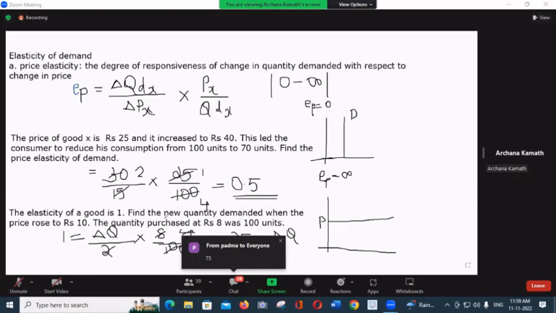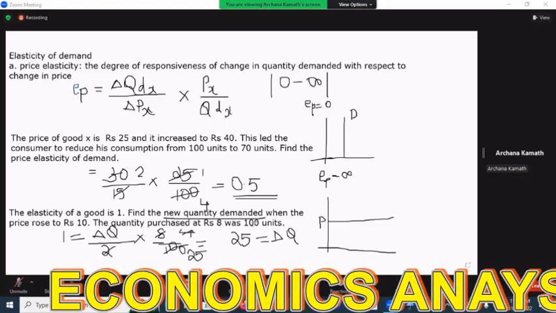You are actually supposed to find the new quantity demanded. When the price has increased, obviously you are going to cut down your consumption. Earlier you were consuming 100 units, but now because of the increase in price, you are cutting down your consumption by 25. So 100 minus 25, which is 75, should have been your answer.